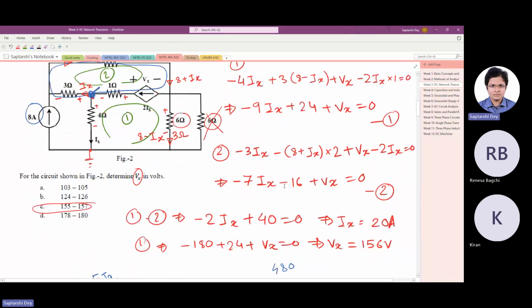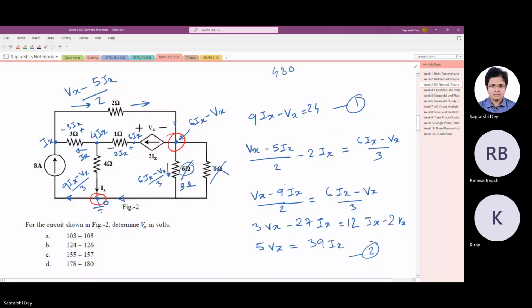Or can you quickly find out what the mistake is? I can't see anything wrong here. I don't know.